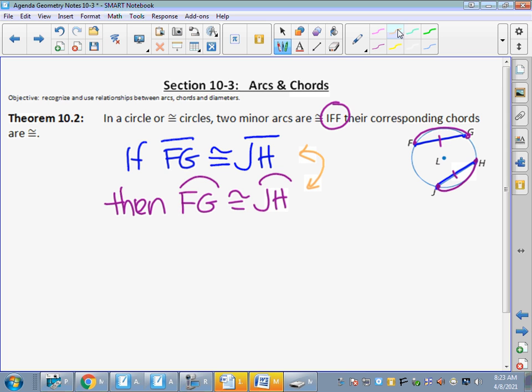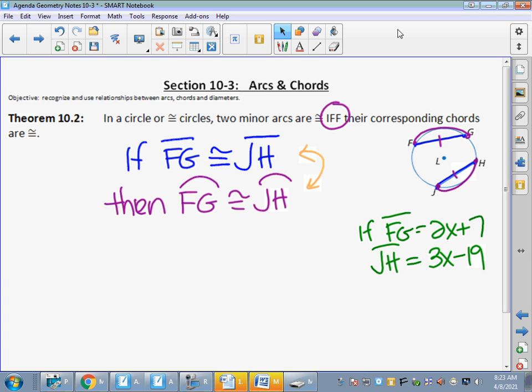Find x if chord FG is equal to 2x plus 7 and arc JH is equal to 3x minus 19. If I knew the chords were congruent, I could set up an equation and make the arcs congruent, or vice versa. So use that to your advantage. Again, that's just a setup for an algebra problem. You know how we do this.